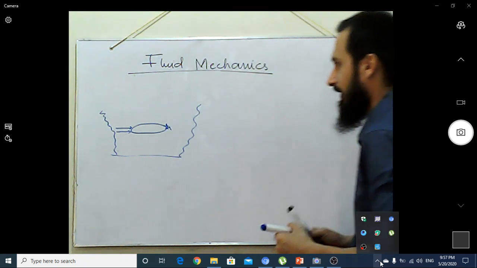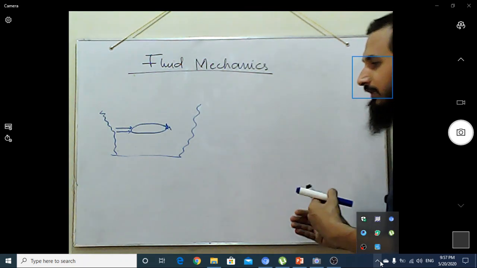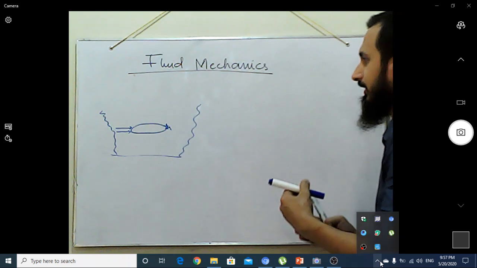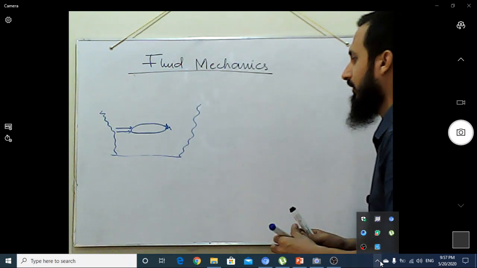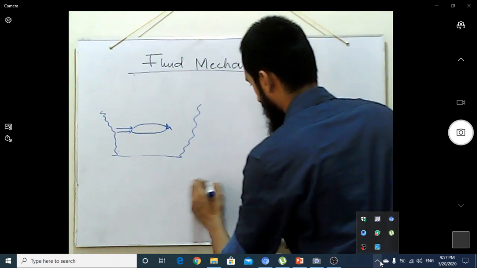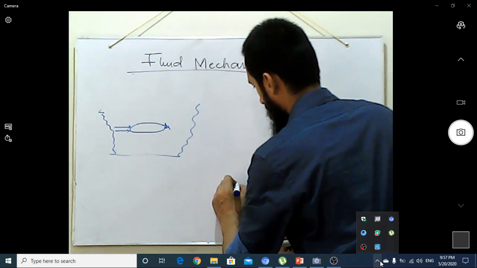And there, let's see how the layer behaves after striking the solid wall. Let's suppose we have made it in a separate diagram.